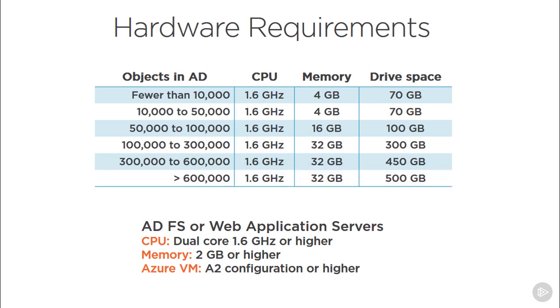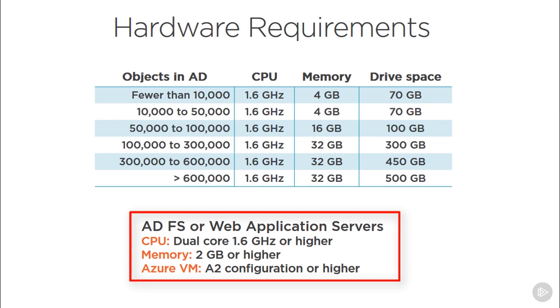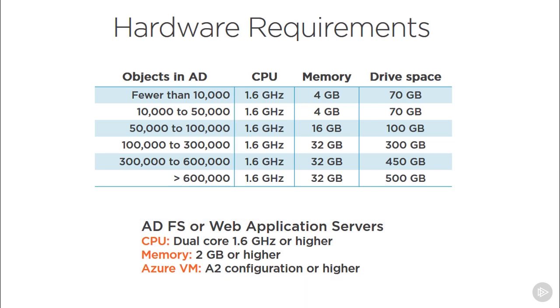And that's okay because there's not that much difference between 50,000 items and over 600,000 items when it comes to drive space, and drive space is dirt cheap nowadays. If you're going to use ADFS, the Active Directory Federation Services, or web application servers, CPU requirements are dual core 1.6 gigahertz or higher, memory 2 gigabytes or higher, and the Azure VM has to be the A2 configuration or higher.